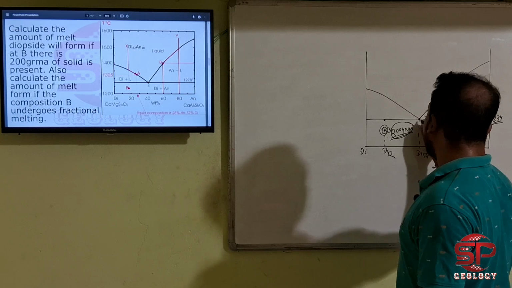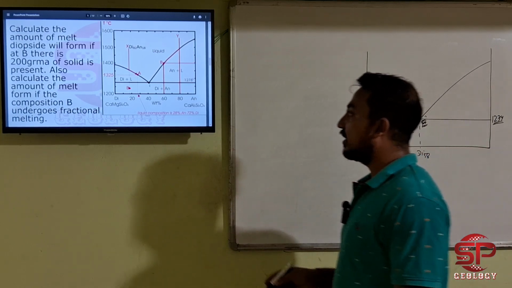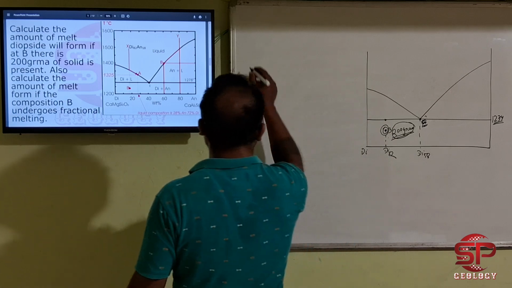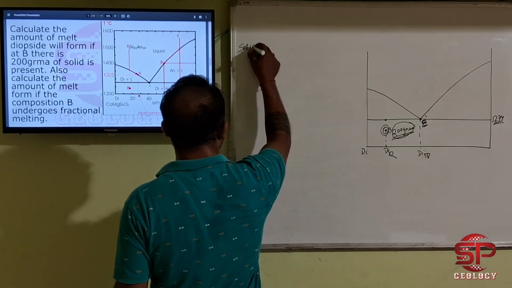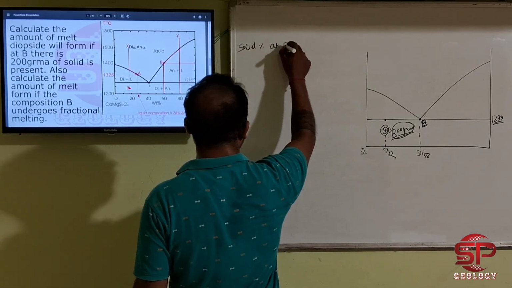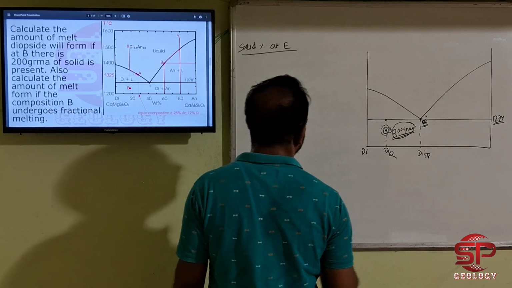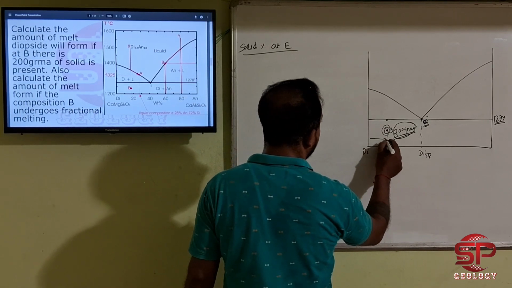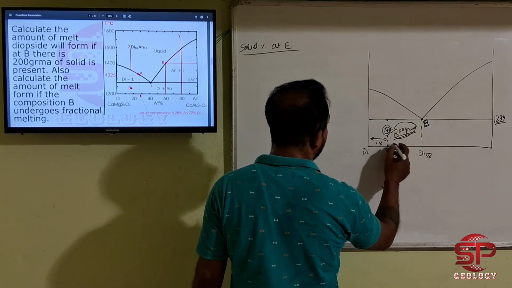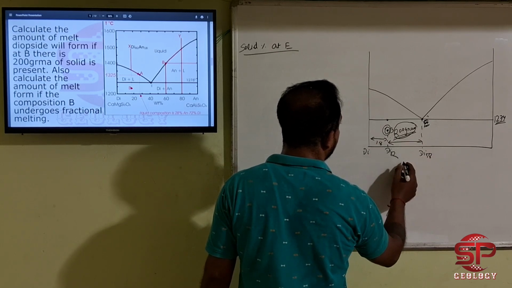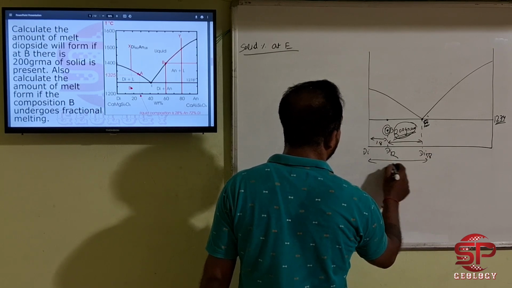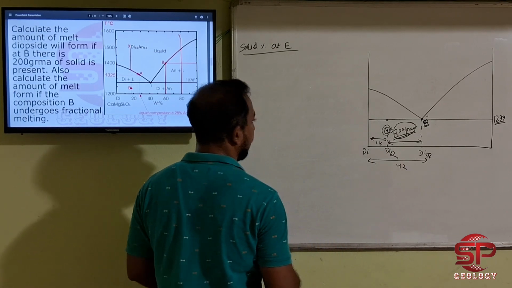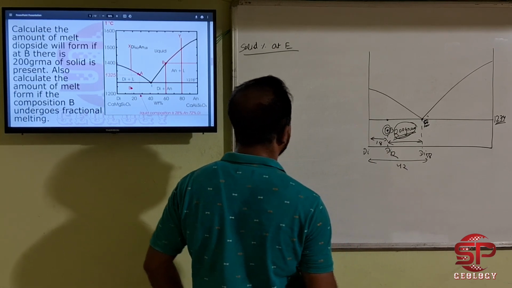So you have to calculate the solid percentage at the eutectic point for this composition. So we have to calculate the solid or diopside percentage at the eutectic point. So this much will be 18, total will be 42, this will be 82 minus 58.